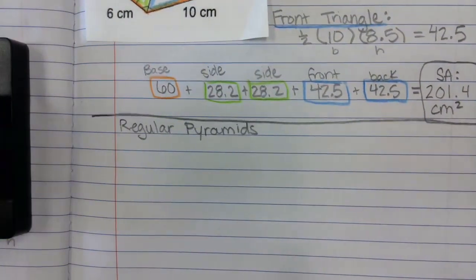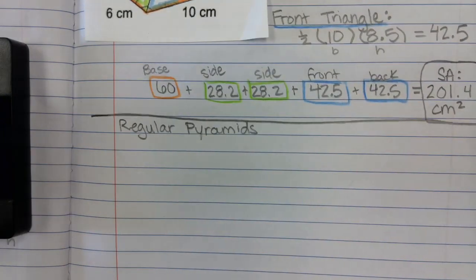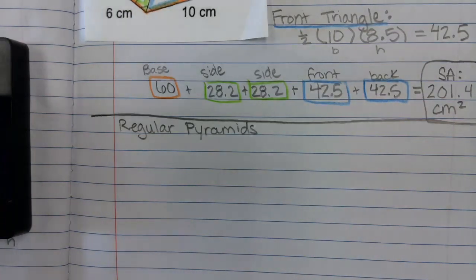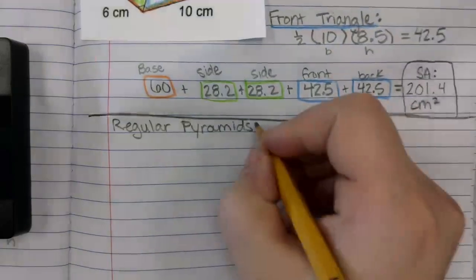Alright, so for our regular pyramids, if an irregular pyramid means that the base sides are not equal, what would be a regular pyramid? Base sides are equal.